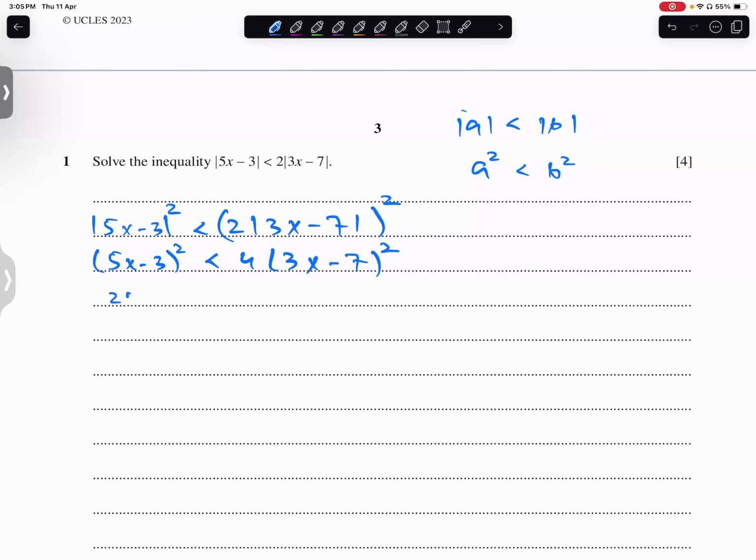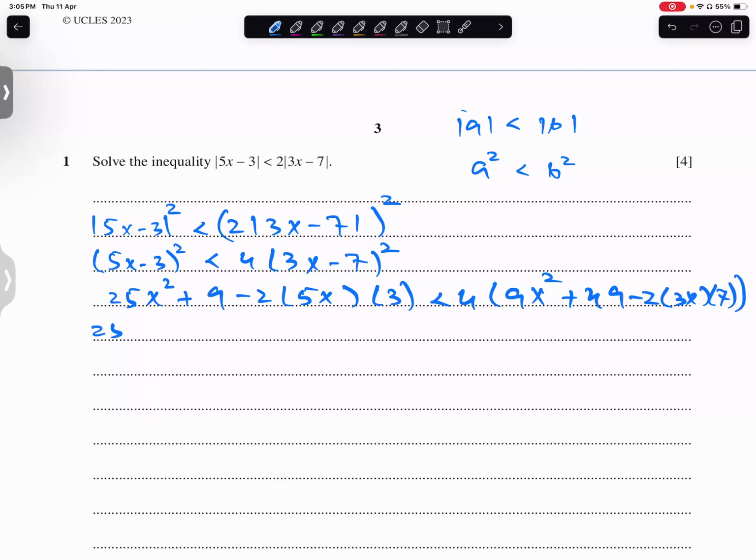Then a square plus b square minus 2ab. Less than 4 times a square, which is 9x square, plus 49 minus 2 times 3x times 7.